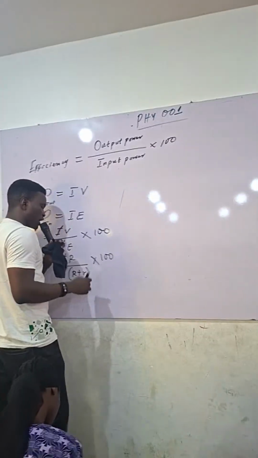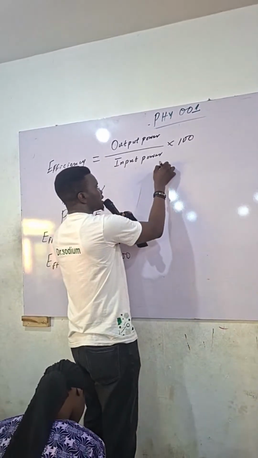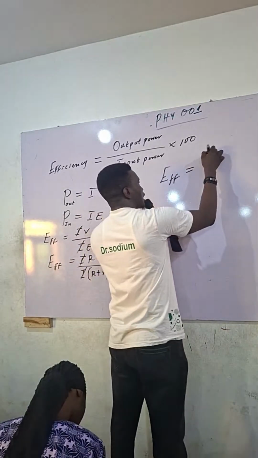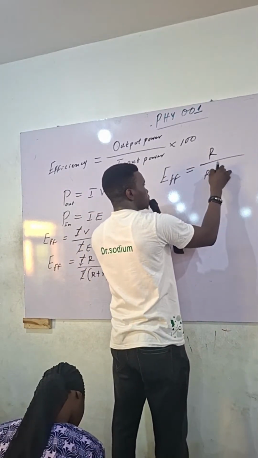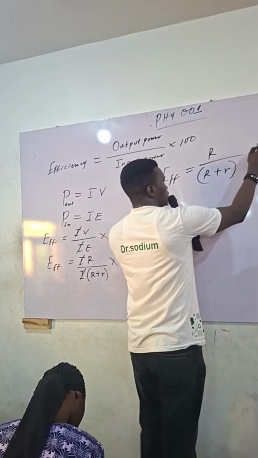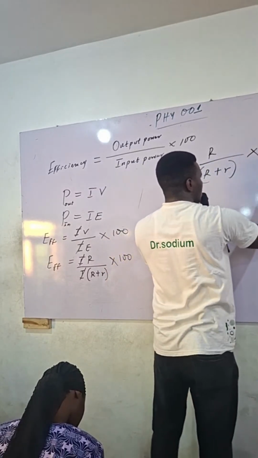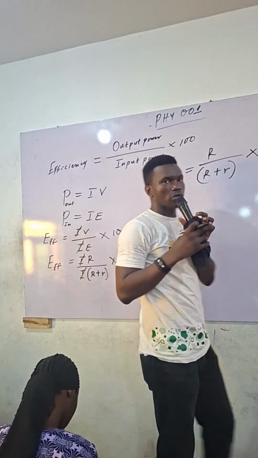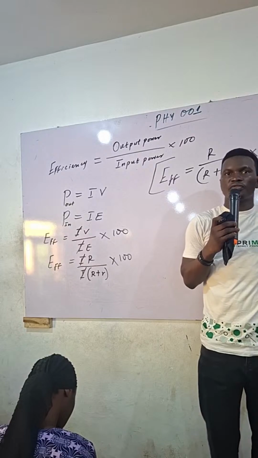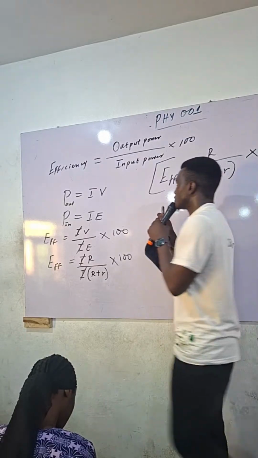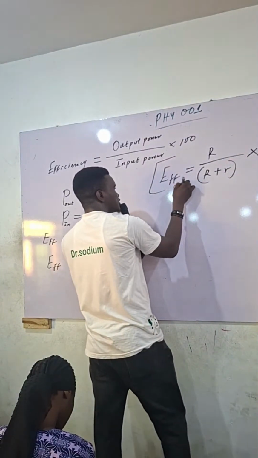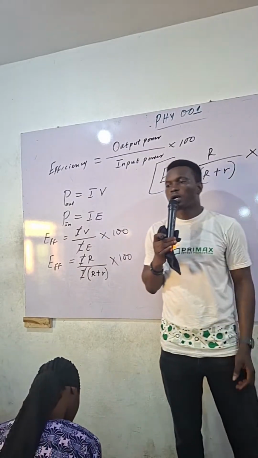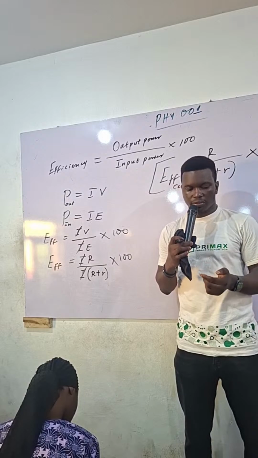So from what we have, efficiency is equal to R over (R + r) multiplied by 100. They can ask you to calculate the efficiency of the cell. So you know the capital R, you know the small r, and you get the efficiency of conversion.